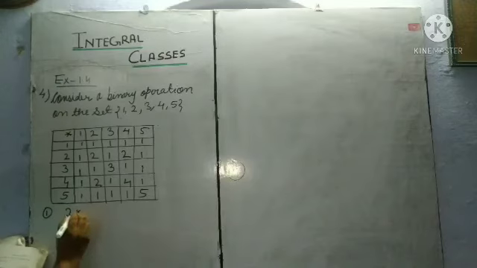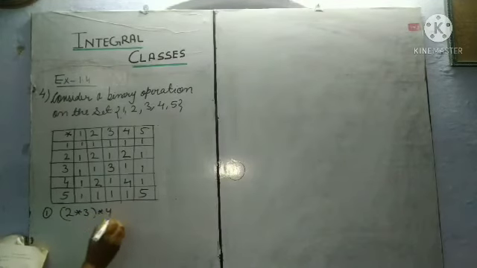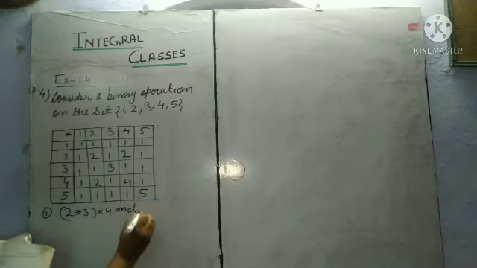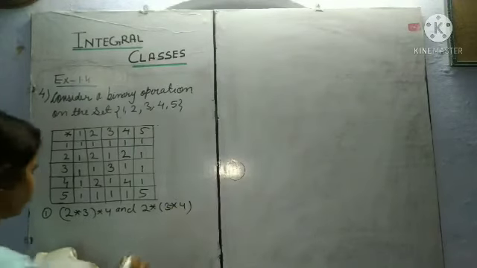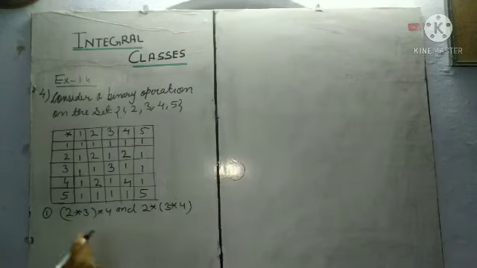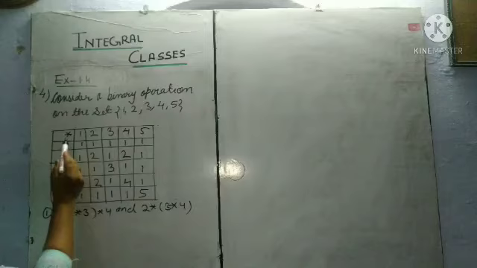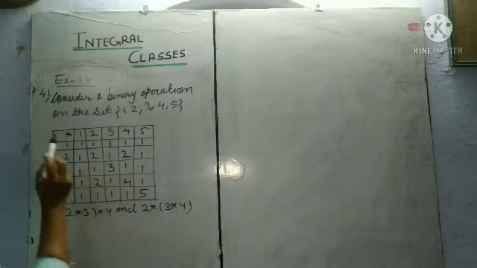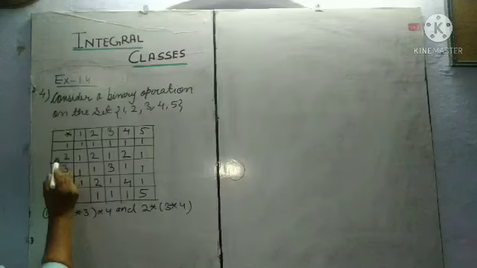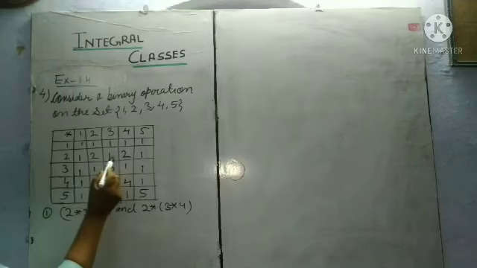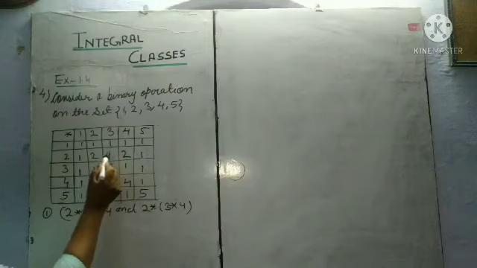2 star 3 star 4 and 2 star 3 star 4. So student, now from the table we will find the value of 2 star 3. For 2 star 3, where the horizontal and vertical lines cross, it is 2, so we go to the right-hand side, and in the third column we go downwards, then we get 1.